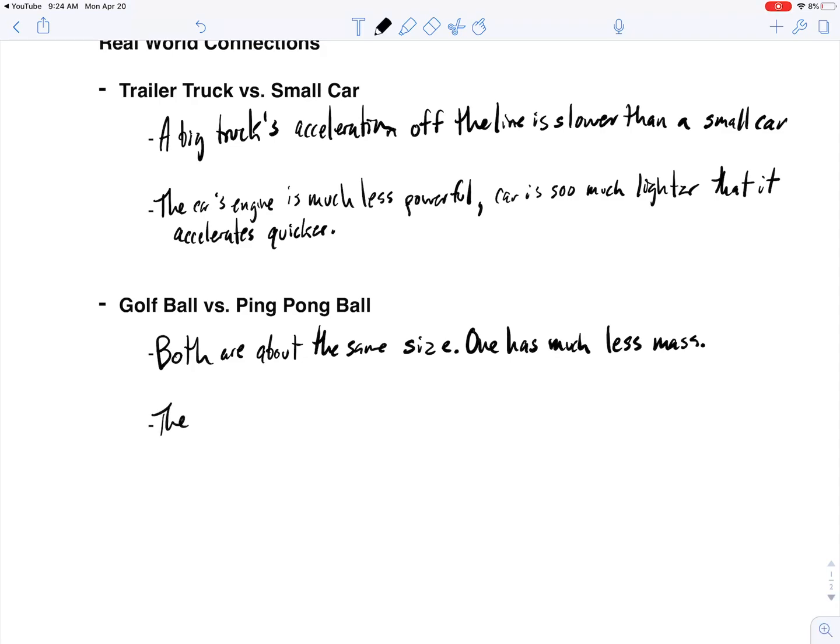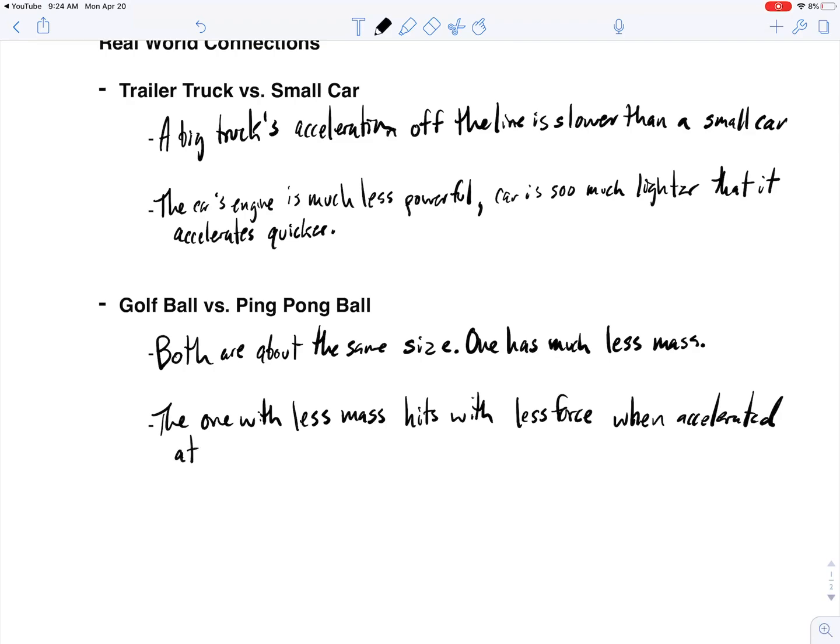The ping pong ball, there's nothing inside, right? It's way less massive than a golf ball, okay? And we can say the one with less mass hits with less force when accelerated at the same rate.